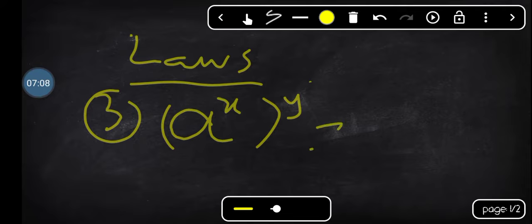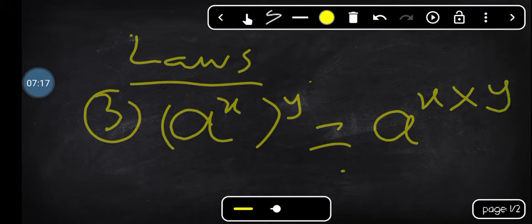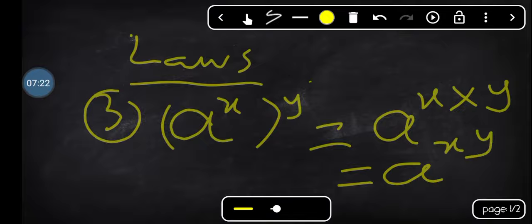In this situation, the law says this will give you a raised to power x times y, which is equal to a raised to power xy. So that is another law of indices.